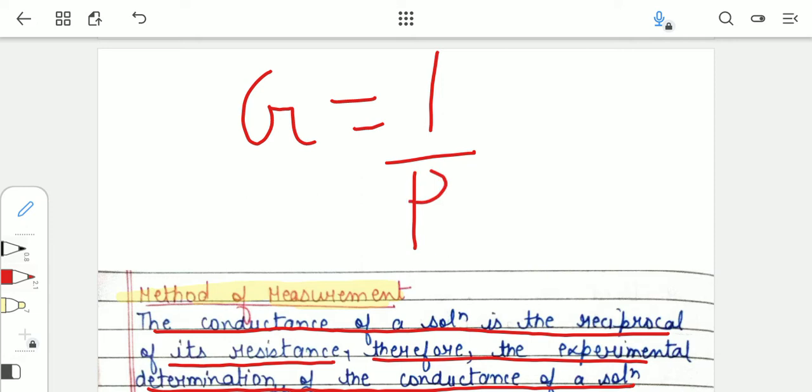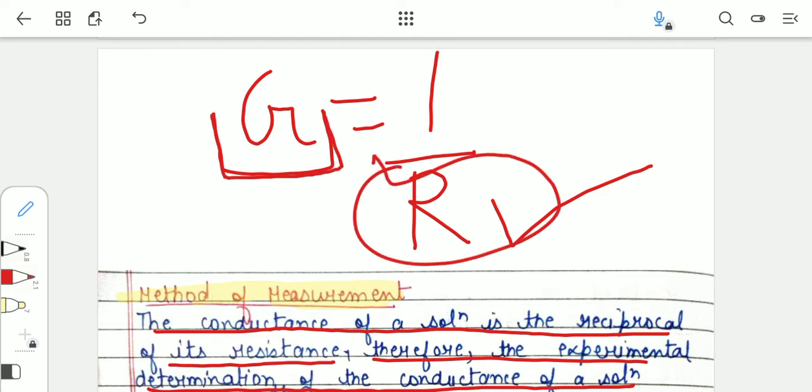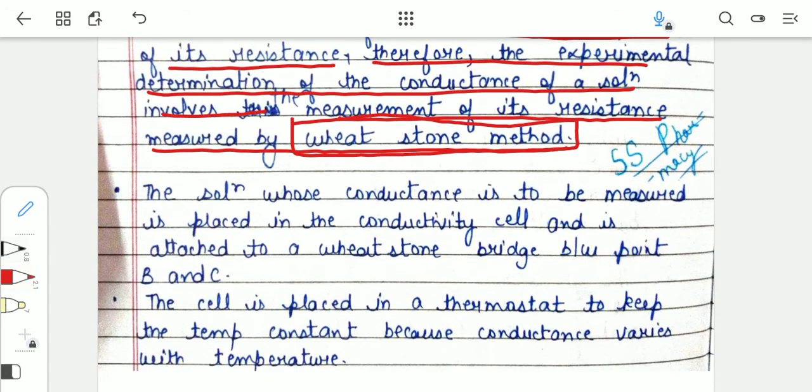So by knowing the resistance we can know the conductance, because we can take its reciprocal. It is easier to calculate the resistance, and by reciprocating it we finally know the conductance.